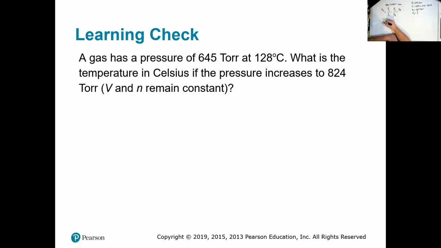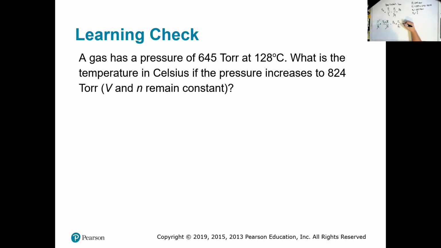Now we're left with T2 times P1 over T1 equals P2. And now we want to get P1 and T1 over to the other side. So we multiply our left side by the reciprocal of those values so that they cancel out on our left side. We multiply the right side by that same thing because whatever we do to one side, we do to the other side.